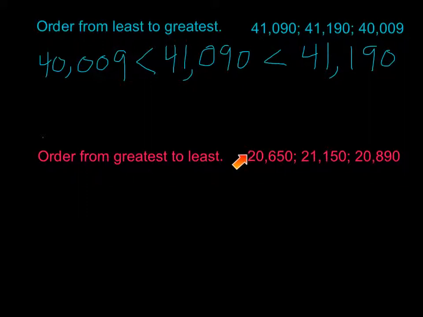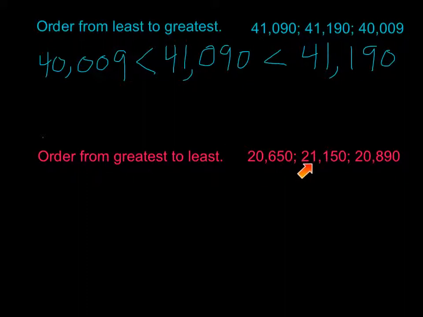So the first thing I'm going to do is look at the 10,000 spot, because that's where we begin here on the left. So here I have a 2, and on my second number I have a 2, and on my third number I have a 2. So because they're all equal, then I need to move into the thousands position. I have a 0, I have a 1, and I have a 0. Now because I'm going greatest to least, I can take my greatest.